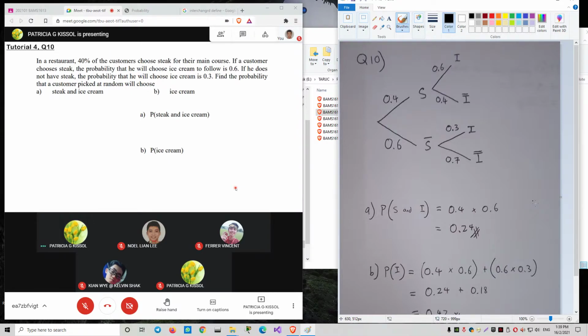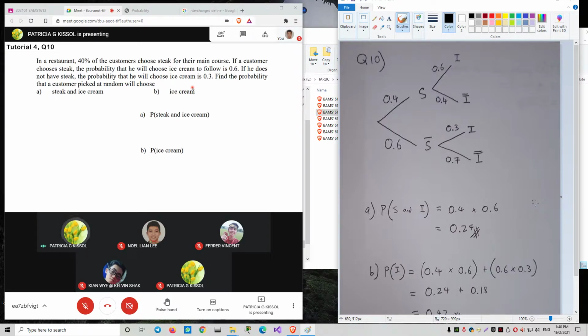One is ordering the main course, which is a steak, 40%, not a steak is 60%. If the person chooses a steak, he will choose ice cream is 0.6. If he did not have the steak, he will choose ice cream as 0.3. So to answer this question, it is best to use, what did you use, class?